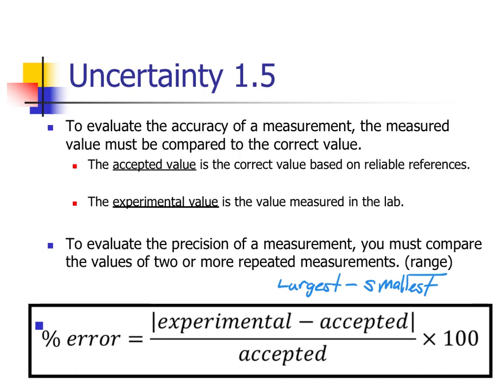Small range, good. That means all your numbers are really close to each other. So that's another thing that you can do. There are countless others as well: averages, standard deviations, and all that. Average is easy to do. Standard deviation, probably not worth our time at this moment. So it's there.